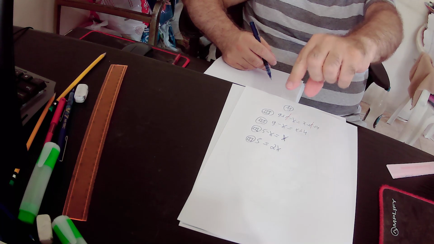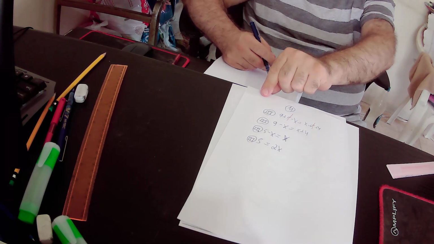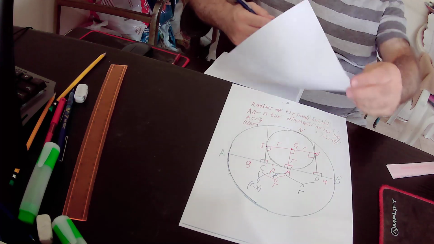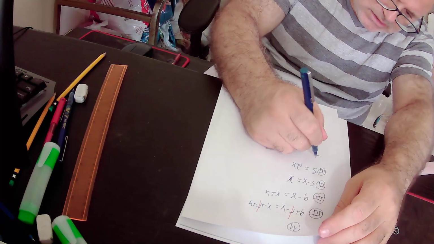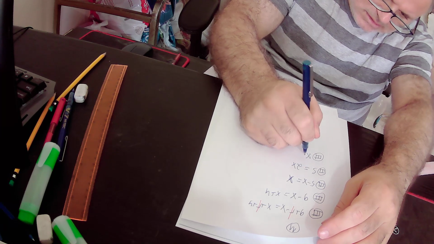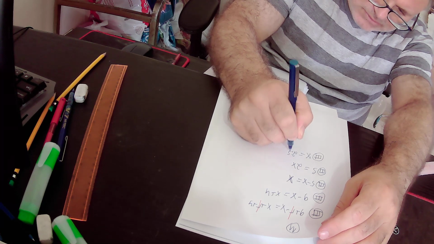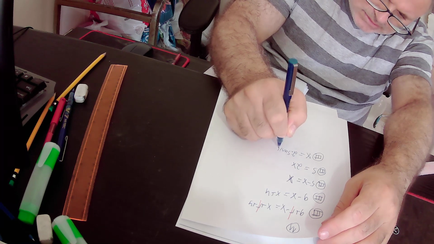Here we will divide this equality by 2 in order to get the value of x. So we will get that x equals 5 over 2, which is 2.5 units.